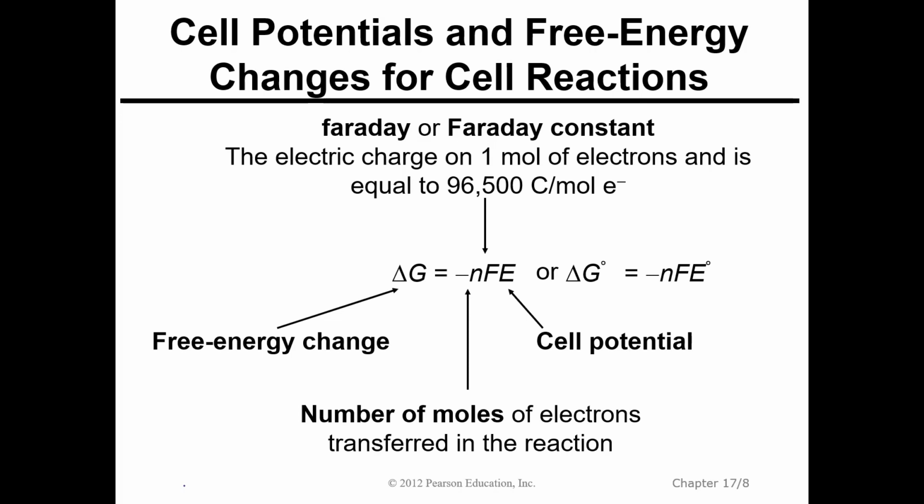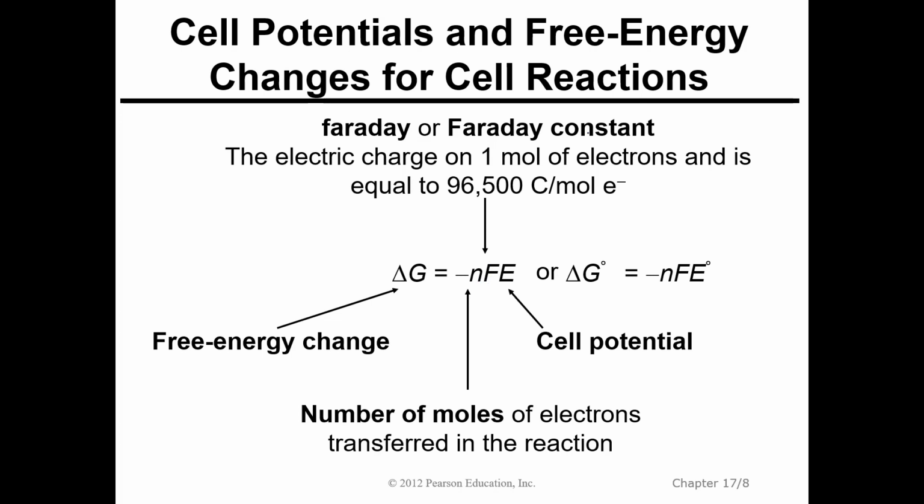One of the equations that we're going to look at is how to calculate free energy change in relation to electrochemistry. If we're trying to calculate our free energy change, that's equal to the number of moles of electrons that are transferred in the reaction times the Faraday constant.